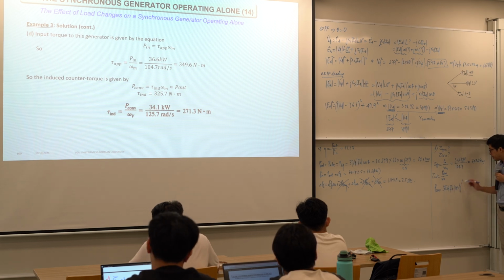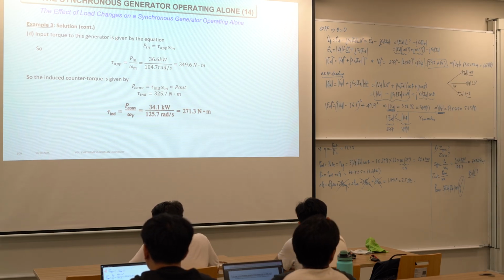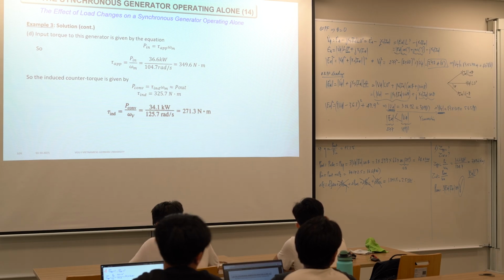But we don't know gamma because we don't know the phase angle of EA. We don't know EA.